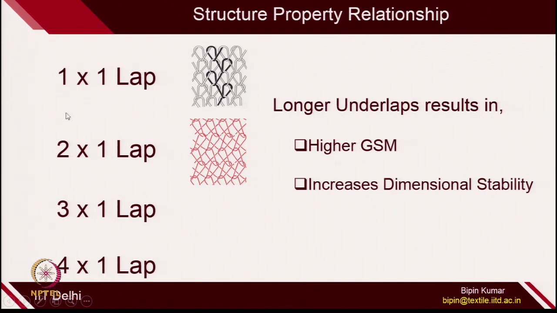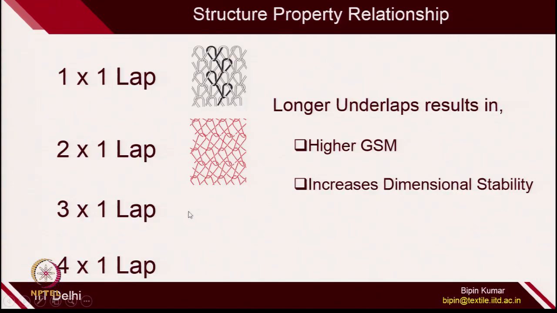If you change the underlap, naturally there will be more floating sinker loops in the columns, due to which you will get higher GSM of the fabric. Also, if you have longer underlap, it will result in a more dimensionally stable structure, and this is how the overlap and underlap directions as well as the magnitude control the single bar structure property relationship.